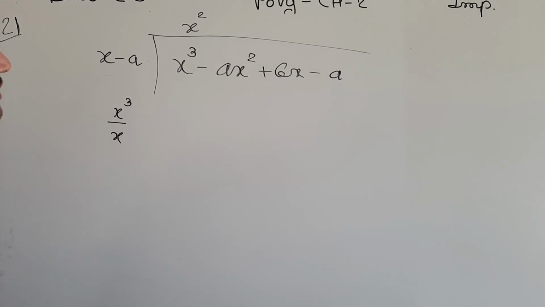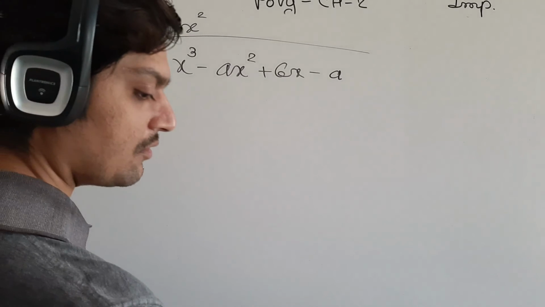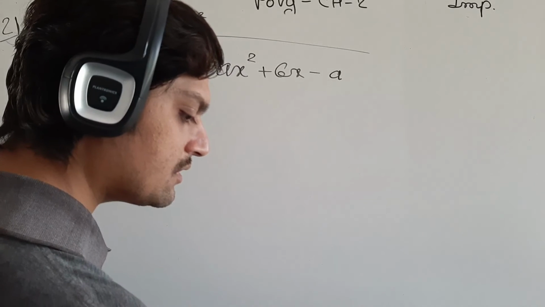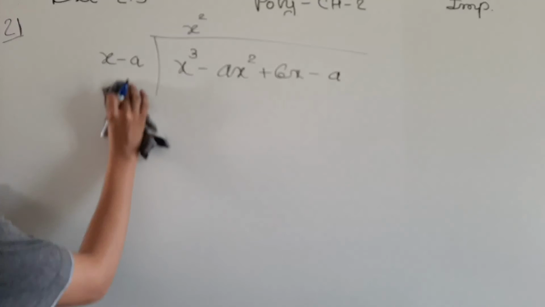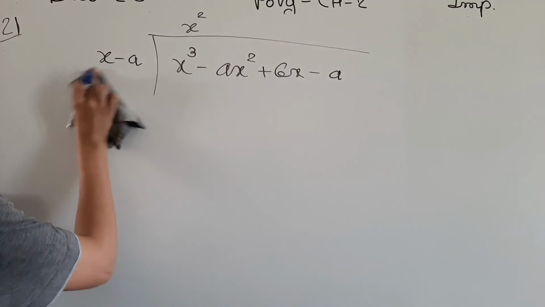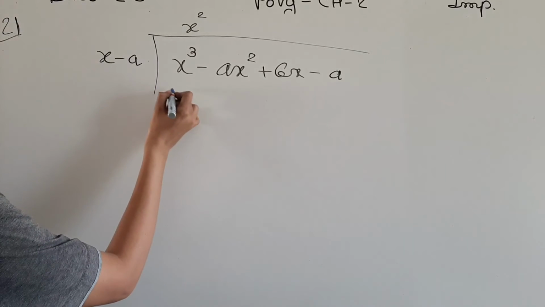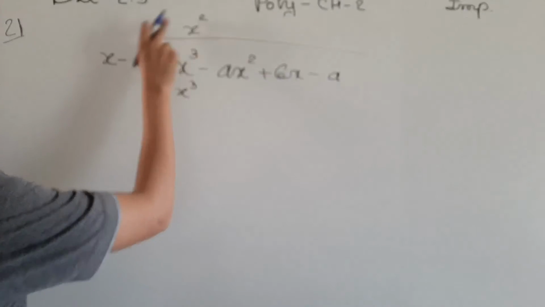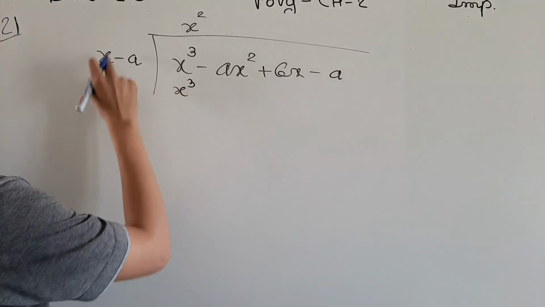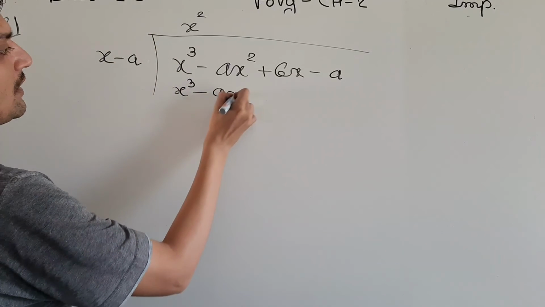Don't think that because a is here it is different; like the previous questions, this is a regular question. x square into x is x cube, and x square into a is ax square.